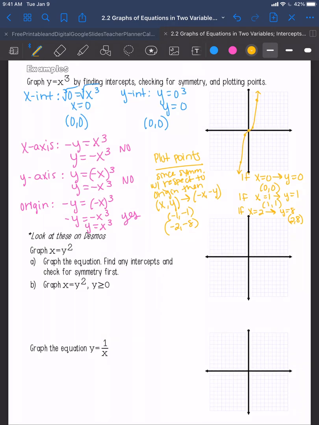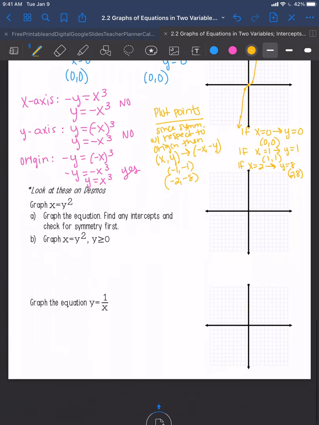All right, we can do the same thing with the next two, but I went ahead and put here, let's take a look at these on Desmos. We have x equals y squared. Graph the equation, find any intercepts, and check for symmetry first, and then graph the equation where only y is greater than or equal to 0.